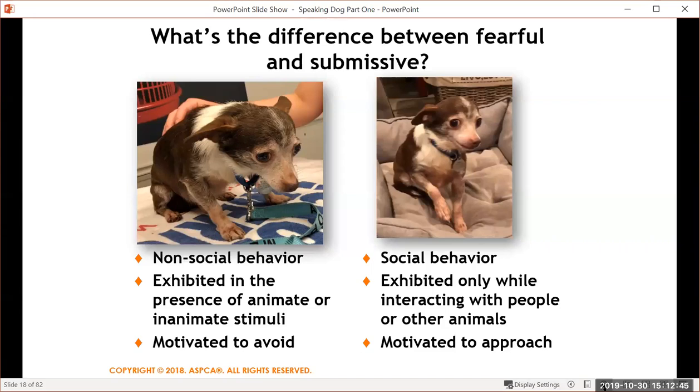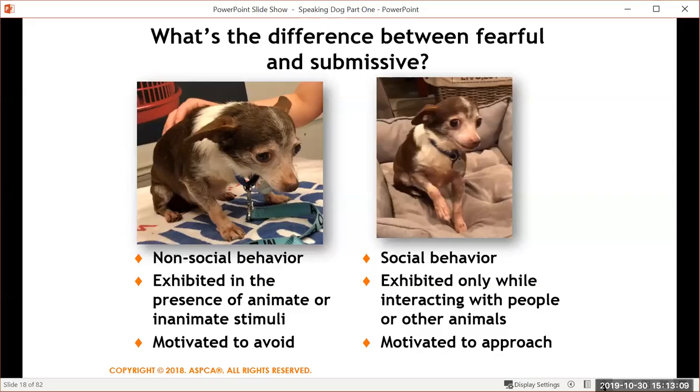In contrast, the same dog on the right is showing submissive behavior. So even though some of the things look the same, the eyes are big, the ears are down, they're down slightly differently. The dog's body is small. But in this case, you only see submissive behavior in the context of social interaction.